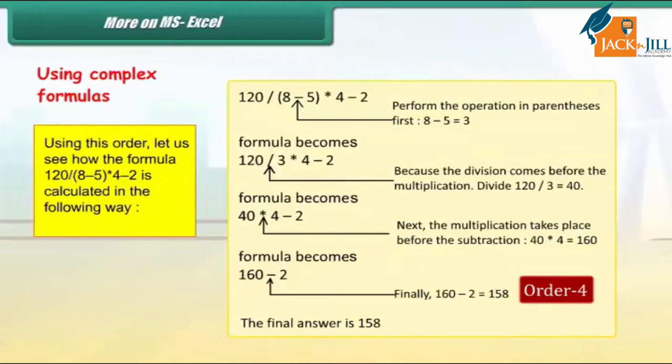Multiply the answer obtained in step number 1, which is 2, to the numeric 2 that opens the equation. In other words, multiply 2 into 2. The answer is 4. Remember, when using formulas with cell references, the results change each time the numbers are edited.